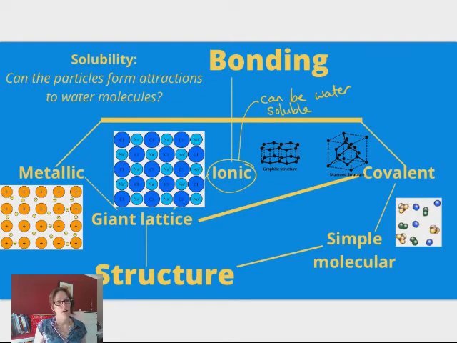So ionic substances often can be water soluble, and you're going to do a lot more about the solubility and the dissolving of ionic substances if you haven't already started in the second year of the course when you look at the energy changes involved. They're not always water soluble because sometimes the bonds are too strong in the lattice to break.